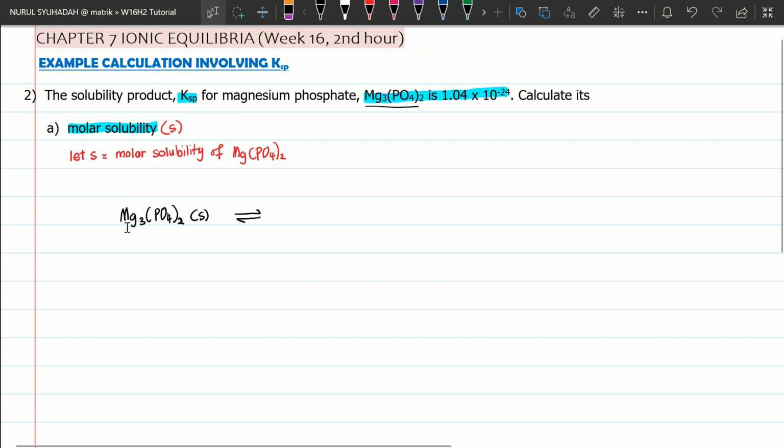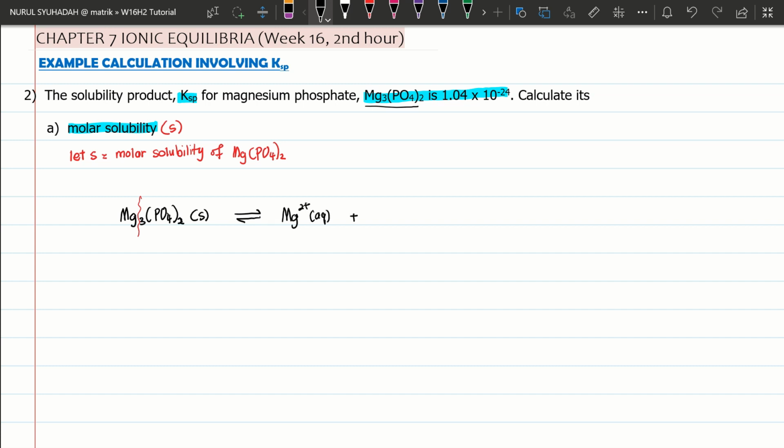Okay, so dekat sini, apa yang awak familiar? So you are familiar with magnesium. Okay, jadi awak tahu dia akan pecah dekat sini lah. Okay, it will split there. So magnesium, apa dia punya formula? Apa dia punya ion? So you know magnesium is Mg2+, aqueous.